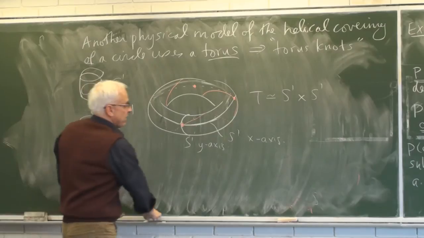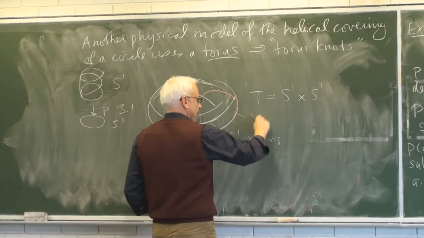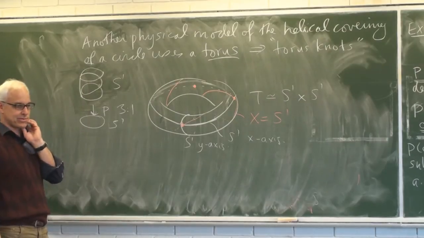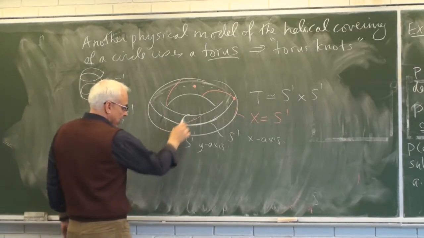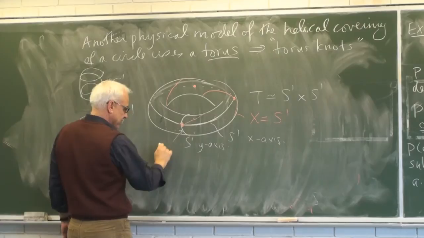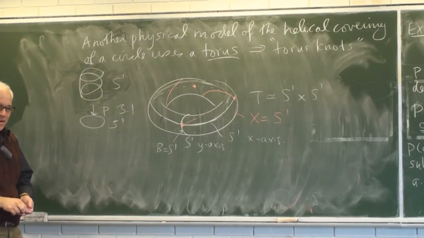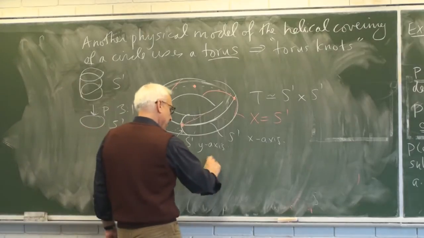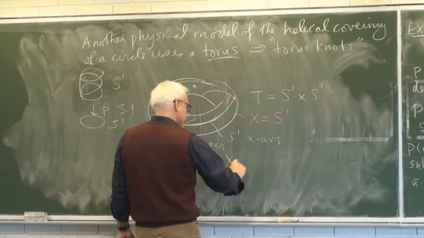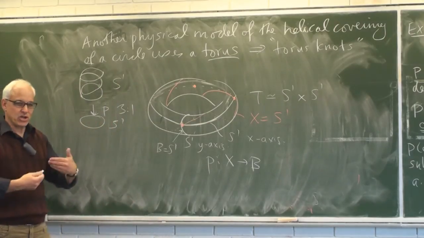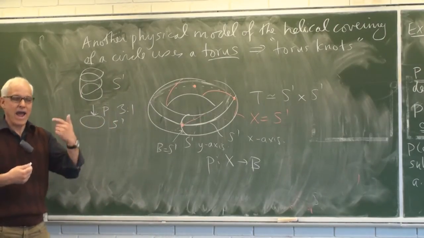So if I'm thinking of this red curve now as the x space, that's a circle. And if I think of this base here as the base, say B equals S1, then I can define the map P from X to B by projection onto the y-axis.